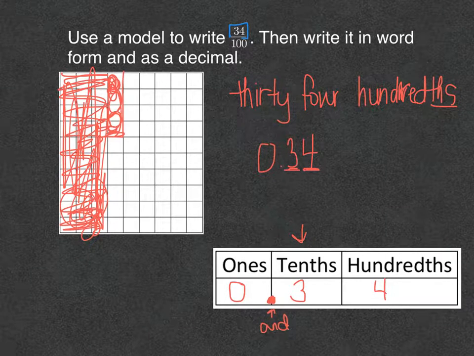I don't know why they decided to do it that way, but that just sounds funny, oneths. So we don't have any oneths. We start with tenths, hundredths, and then it goes on from there. Thousandths, ten-thousandths, hundred-thousandths, millionths. So you can see it follows the same pattern as when we're talking whole numbers, but it just skips the ones place. There's no oneths place. It starts with tenths.